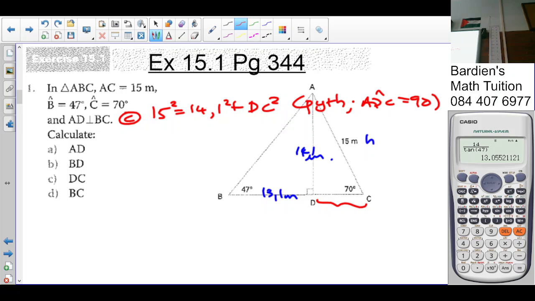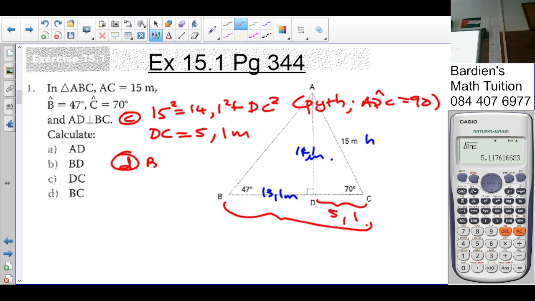So that would simply be 15 squared minus 14,1 squared, equals, the square root of that gives us 5,1 meters. So DC will be 5,1 meters. D, they want you to work out BC, which is this whole length here. So BC is going to be 13,1 plus 5,1. Gives me an answer of 18,2 meters.